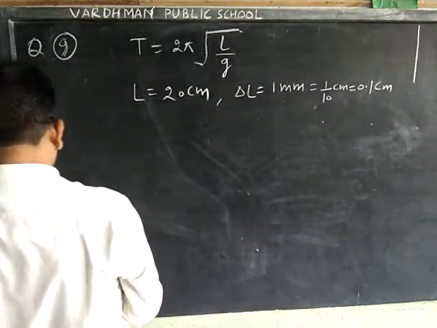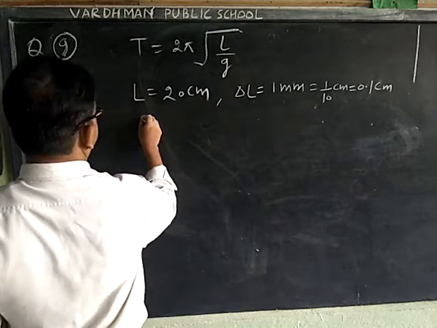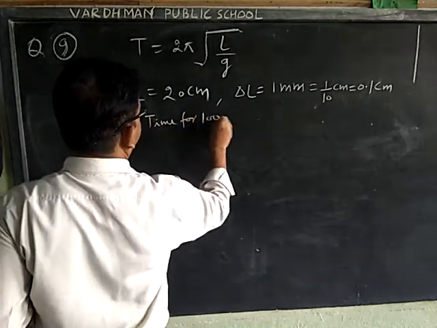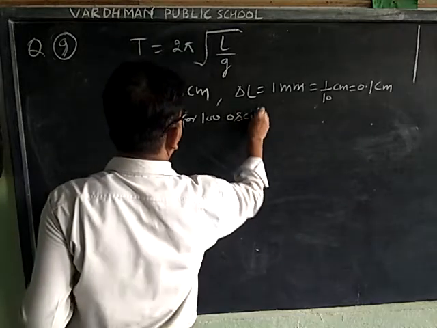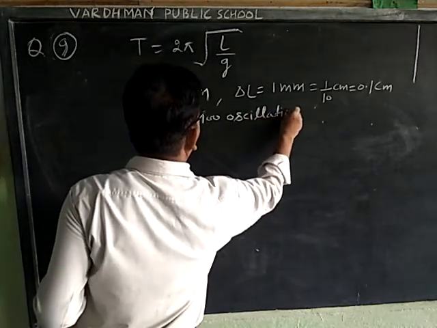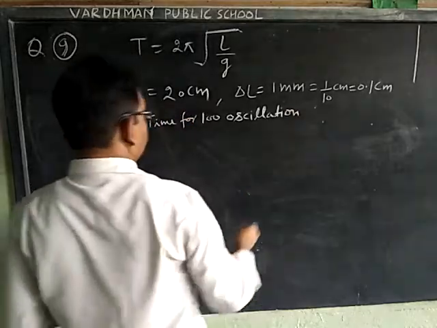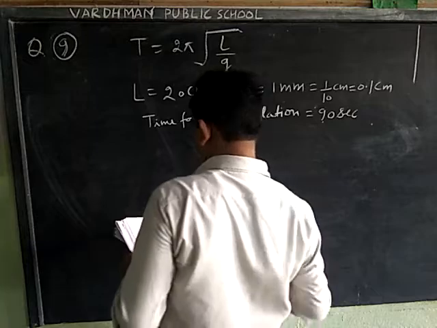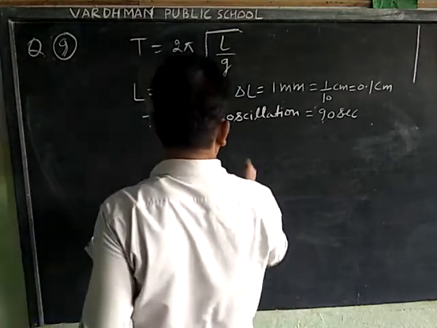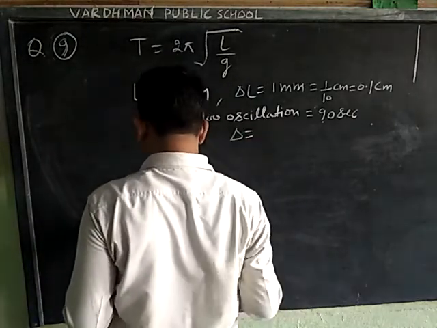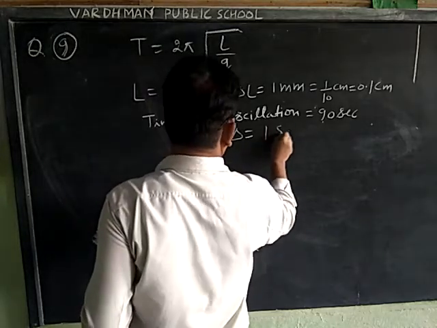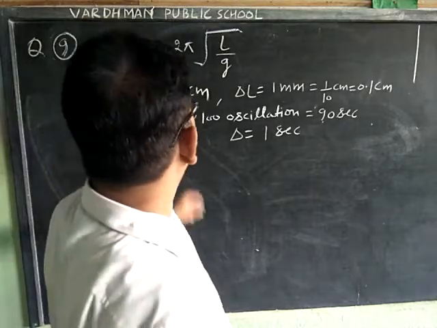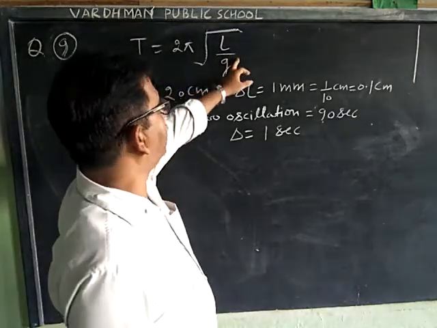And time for 100 oscillations is 90 seconds, and delta T is equal to 1 second.